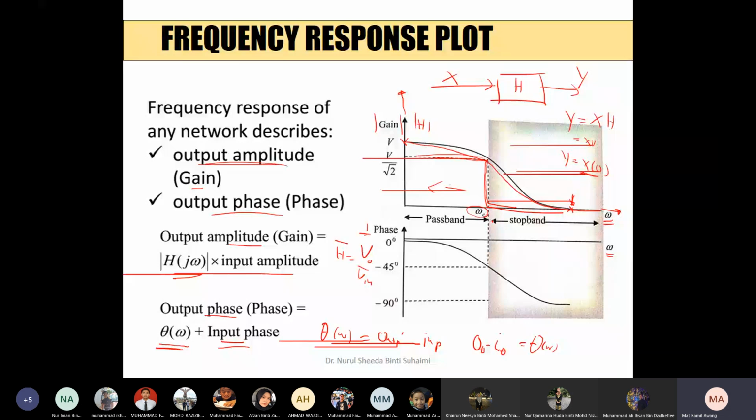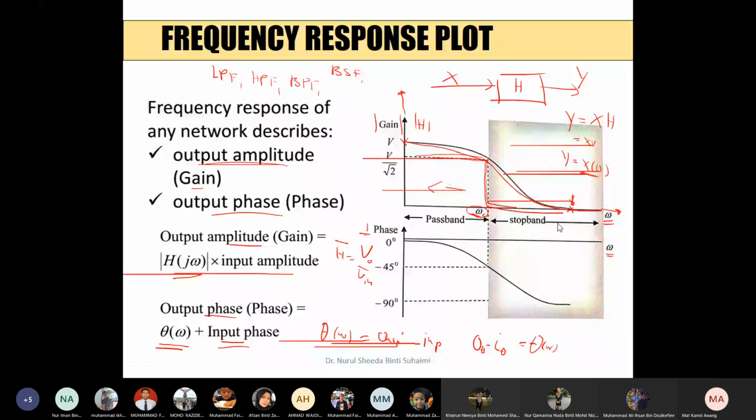Because for filters, you have low pass filter, high pass filter, band pass filter, and band stop filter. Those are the 4 basic filters. So this one is a low pass filter because it passes the signal below the cutoff frequency. Omega c is the cutoff frequency.